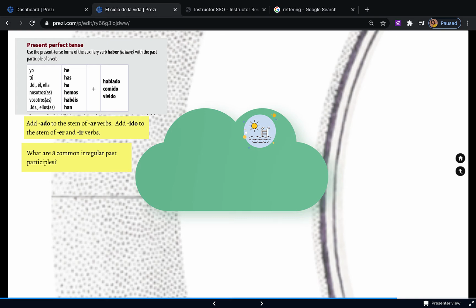Have you ever thought about the similarities between the present perfect tense in English and in Spanish? You know, they're both almost the same. They both require an auxiliary verb and the past participle of the main verb. And in both languages, there are irregular forms.